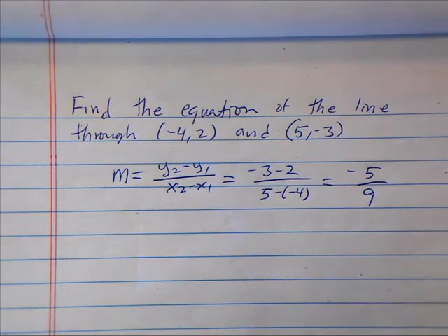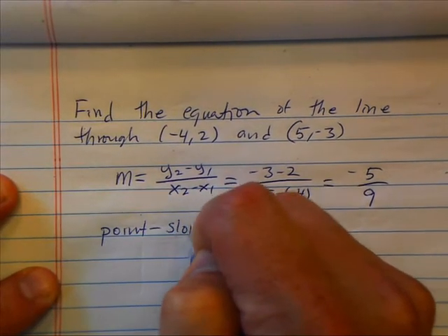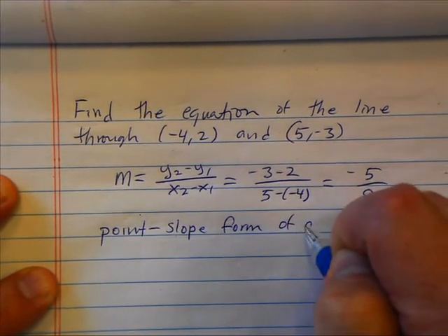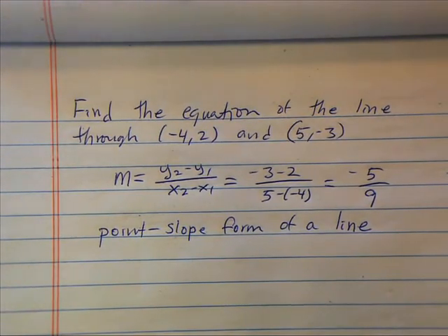And there's another one which is called point slope form. Does anybody happen to know the point slope form of a line? Okay, everybody remembers y equals mx plus b. Most people don't remember this one.